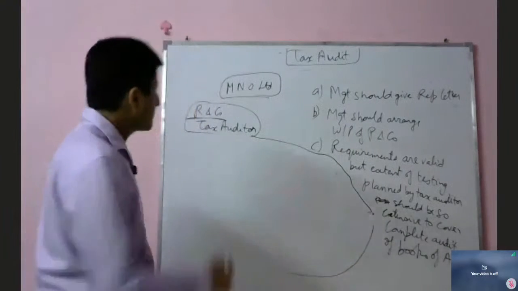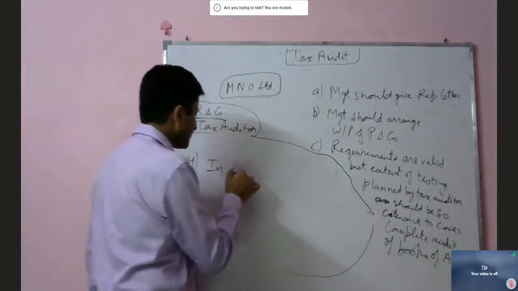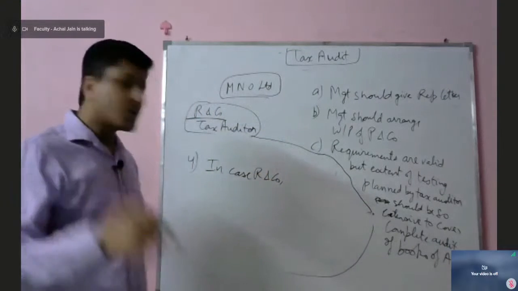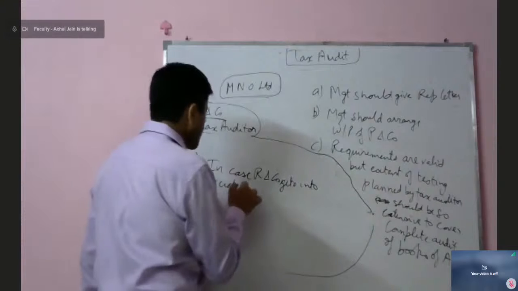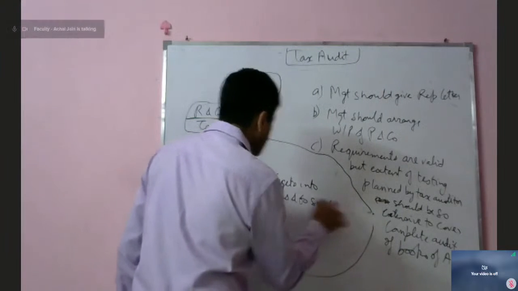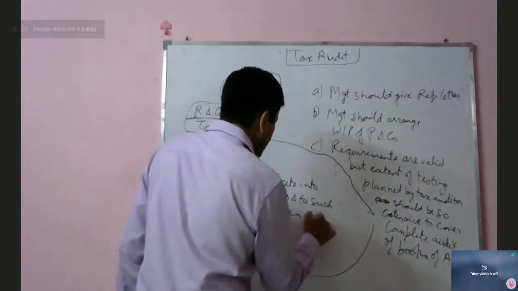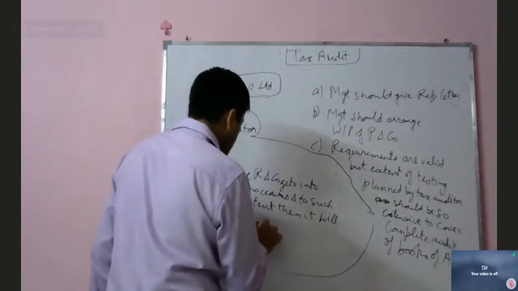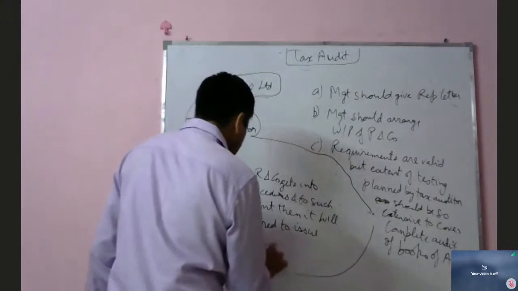Fourth option is, in case R&D company gets into such procedures, and to such an extent, then it will be required to issue Form 3CB.